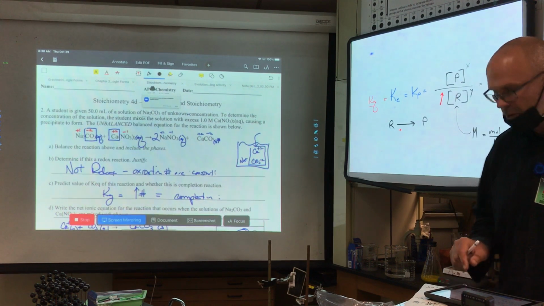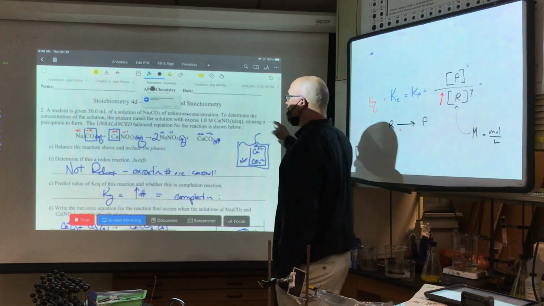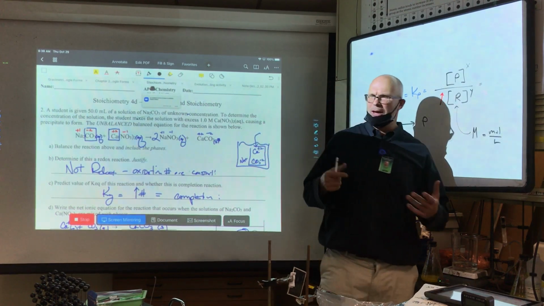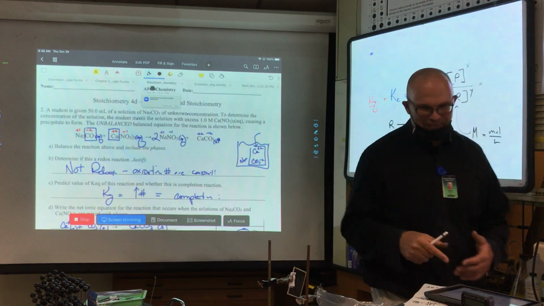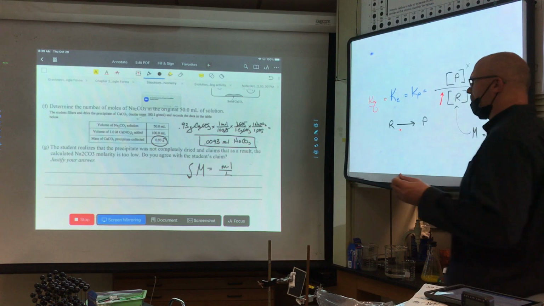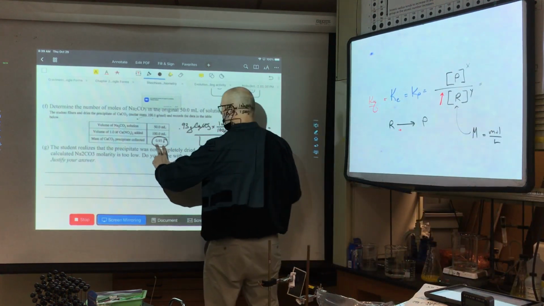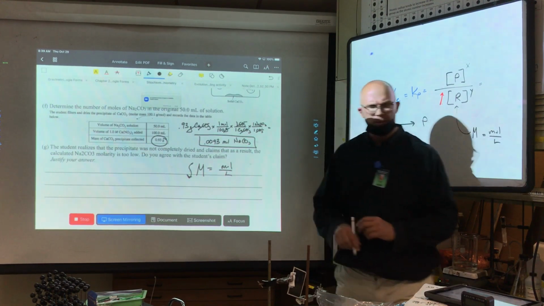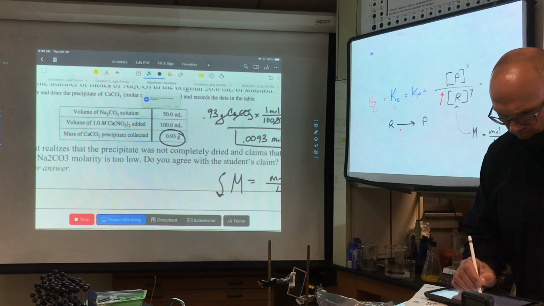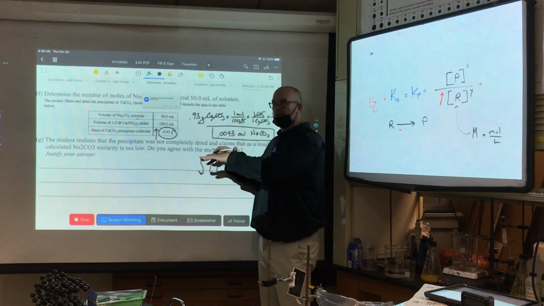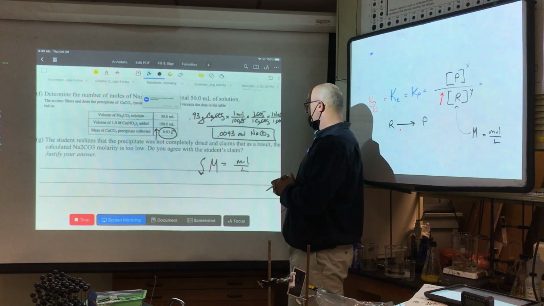A student is given a 50 milliliter solution of an unknown concentration to determine the concentration of the solution. So they're trying to determine the concentration of the solution, even though they don't ask you to actually find the molarity. What they're saying is it felt wet and damp, which means that part of this mass was due to water. So this is an over-evaluation. That number's too high.